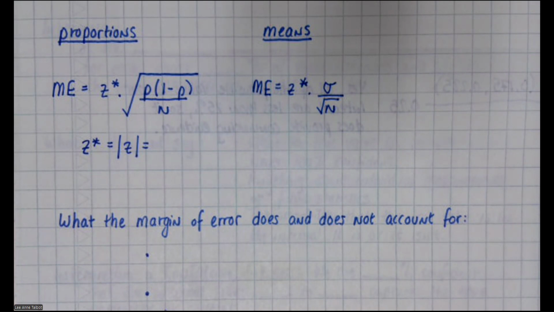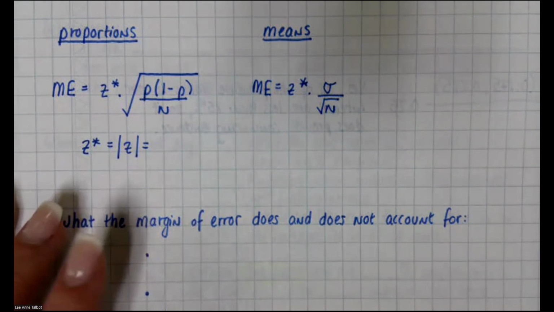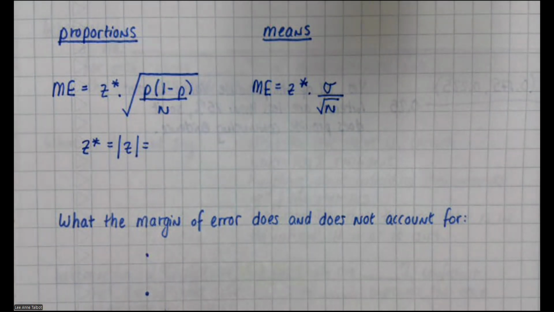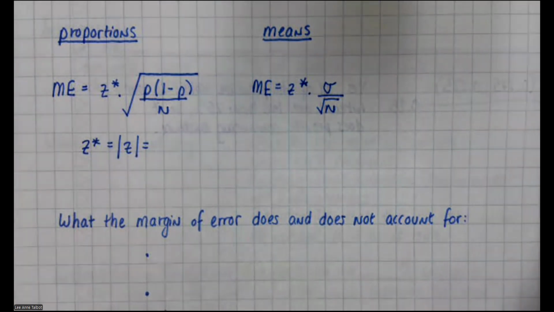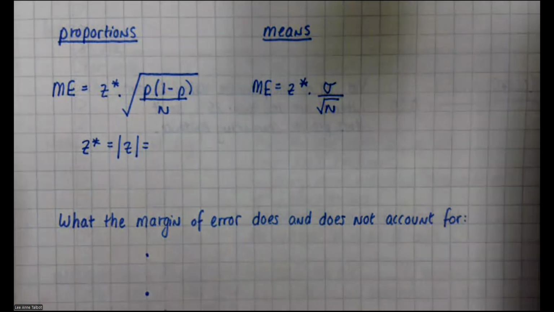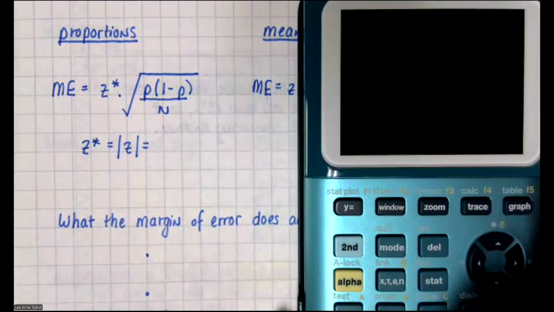Okay. We're going to find Z star in the calculator, except the thing is, Z star is constant. So once you find it, you can just use it. The one for 95%, I promise you, you will memorize and you will never have to do this again. The other ones, you might not memorize. In the homework tonight, you're going to find some of them. We're going to find some of them in our example.